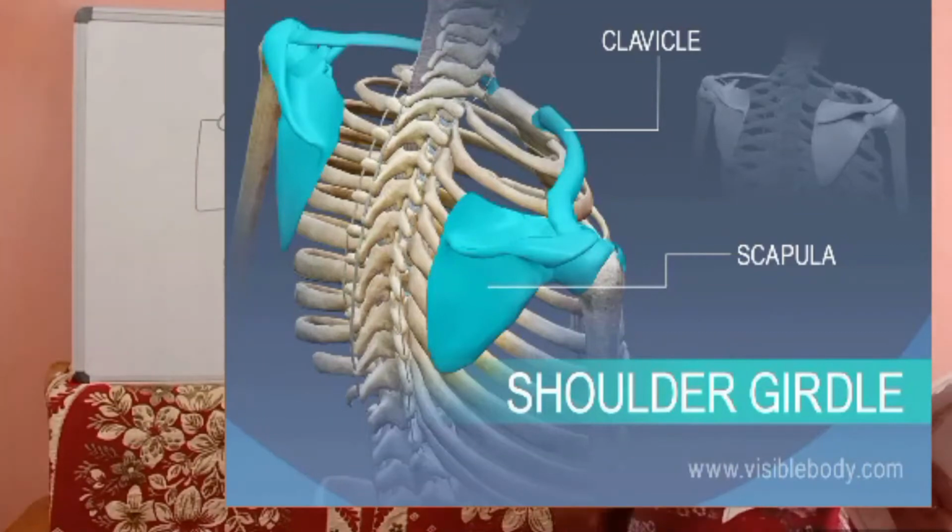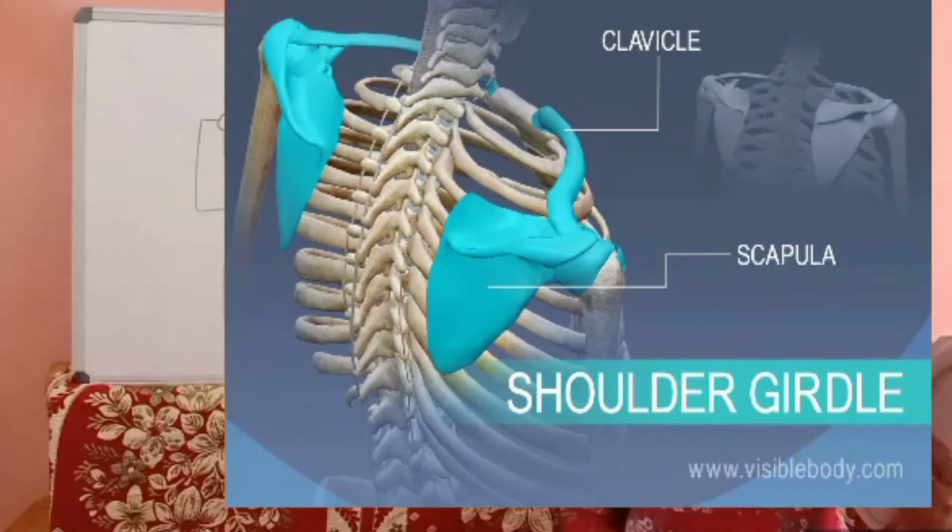And your collarbone, the clavicle, is rod shaped or roughly S-shaped. It lies horizontally and articulates with the upper end of your breastbone, right in the middle and in the front, just above your first rib.